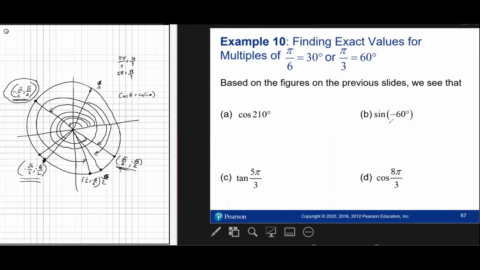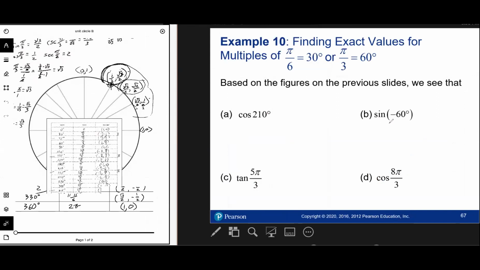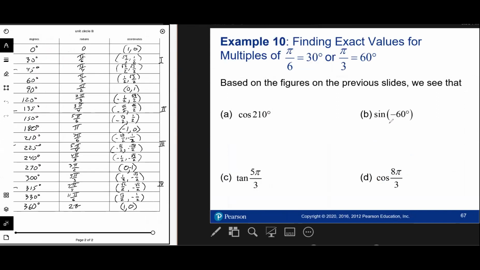So knowing those quadrantal angles and all these different angles here, and where's that chart? And filling in this chart, understanding what's going on there, that will help you with these.